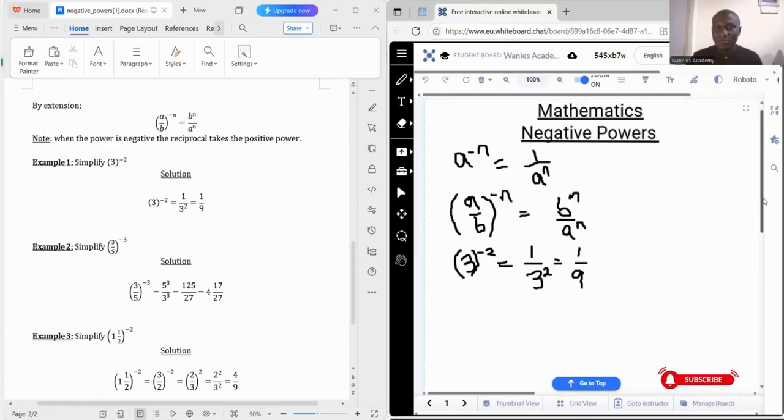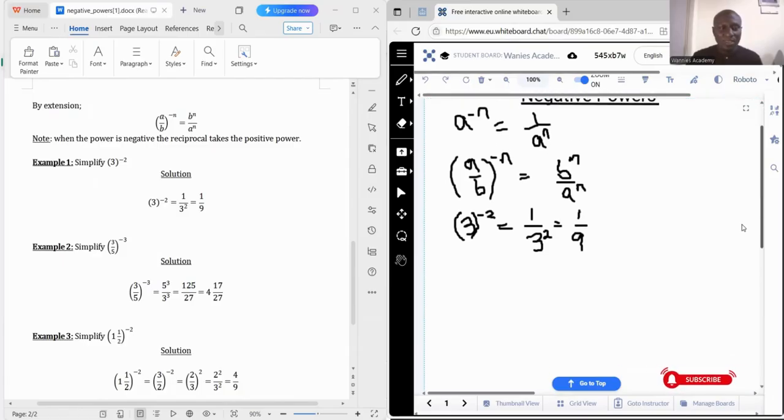Next we go to example 2. Example 2 says 3 over 5 raised to power negative 3. With this, we find the reciprocal of 3 over 5, which makes, in brackets, 5 over 3.